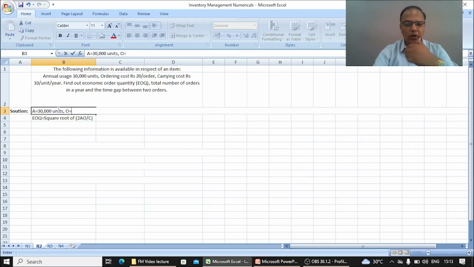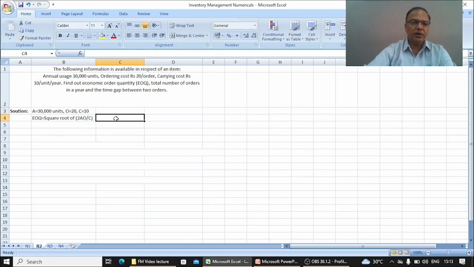O is equal to ordering cost. It is rupees 20. C is equal to 10. So simply you have to apply this formula.